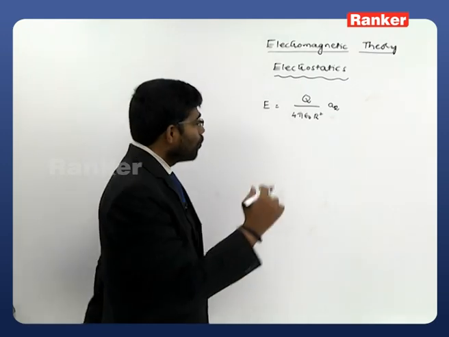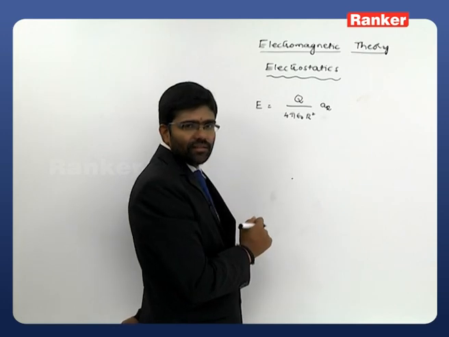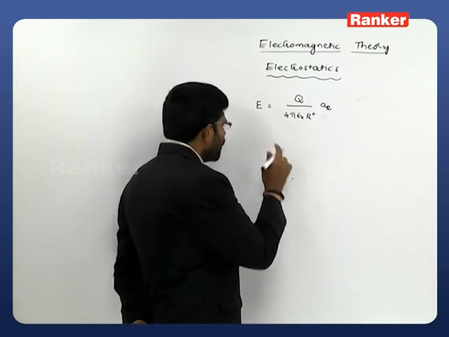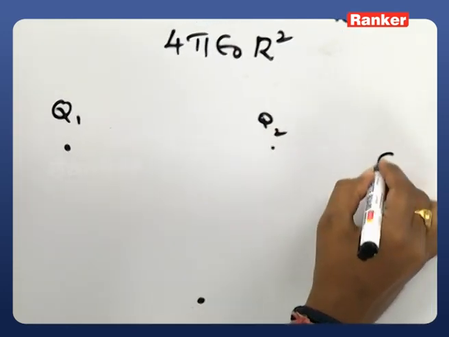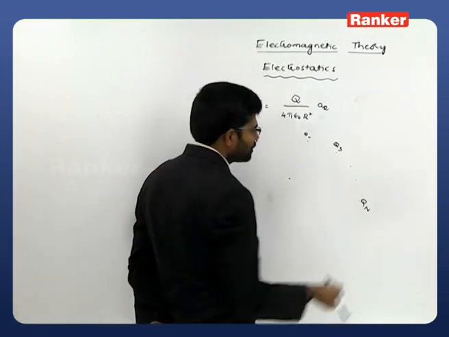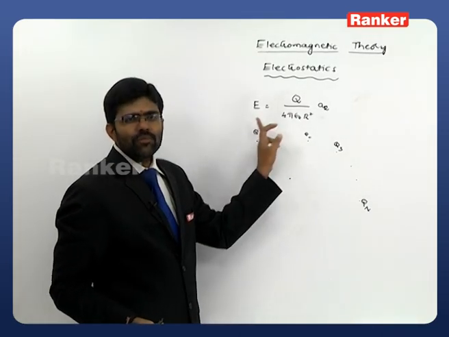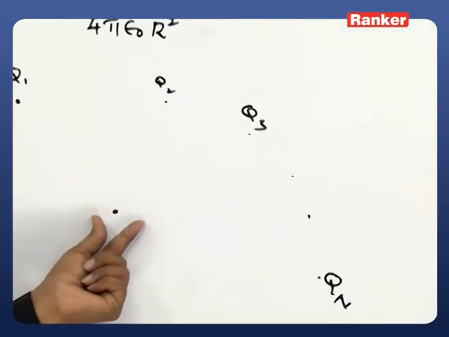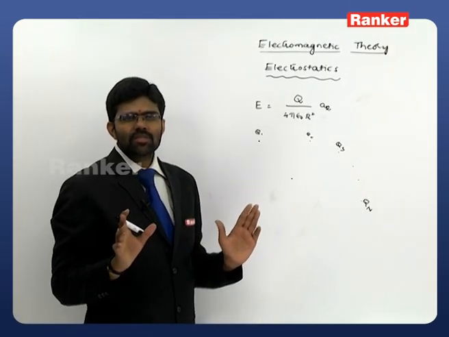Now if you have more number of charges, let us take at this point we want the electric field intensity. This electric field intensity is because of more number of charges, Q1, Q2, Q3 and so on, Qn. Because of all these charges, if you want to calculate the electric field intensity at this particular location, same as our force, here also the superposition is applicable.